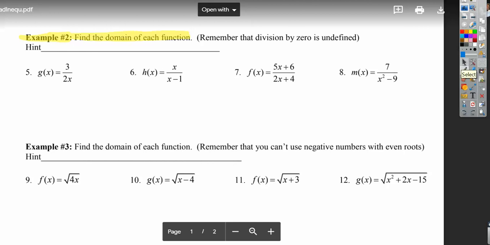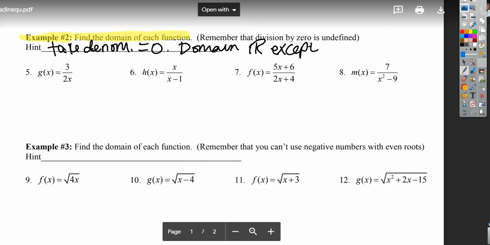So to figure out the domain, I'm going to take the denominator and set it equal to 0, and my domain is all real numbers except whenever x equals that value.